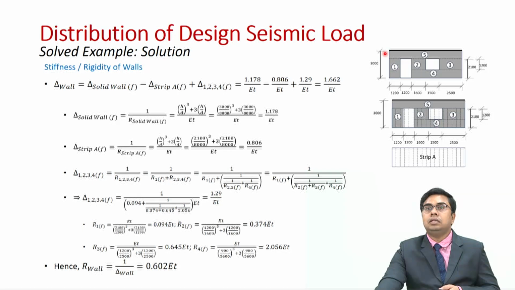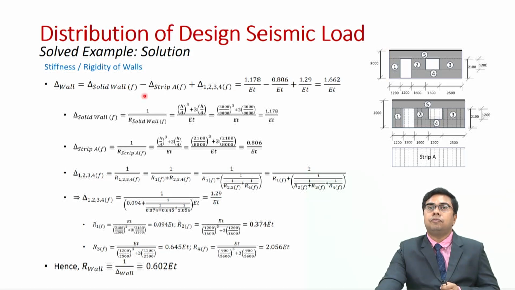For finding the rigidity or stiffness of this wall, we shall find out the flexibility of this wall, or the value of lateral translation of the top with respect to the ground when we give a lateral force of 1, or unit, at the top.